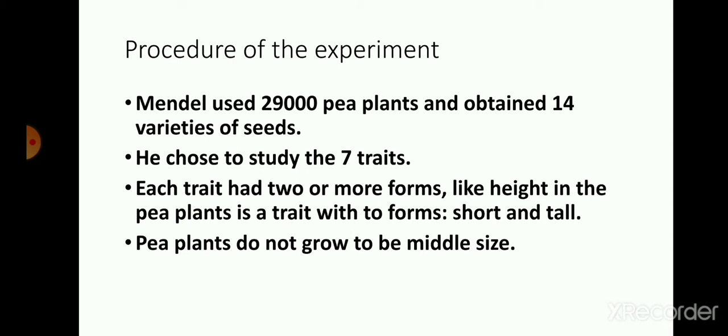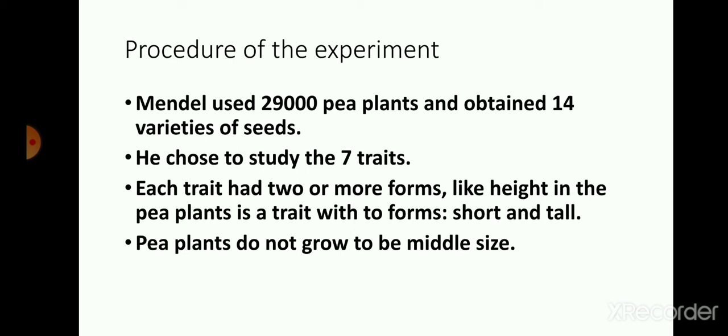Each trait has 2 or more forms, like height in the pea plants is a trait with 2 forms, that is short and tall. So he chose the traits which are observable and have contrasting characteristics.